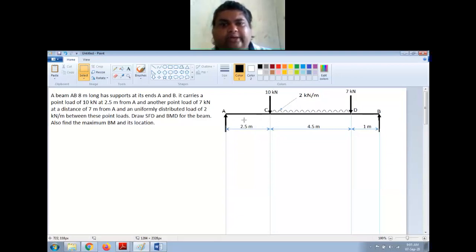That's why I'm showing this by an arrow. Then I have another point load of 7 kilonewton at a distance of 7 meter from A. So 7 meter from A, so this is 4.5 plus 2.5 is 7, right? So from A at 7 meters I have a point load of 7 kilonewton.